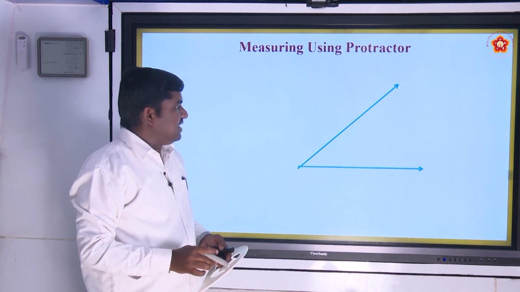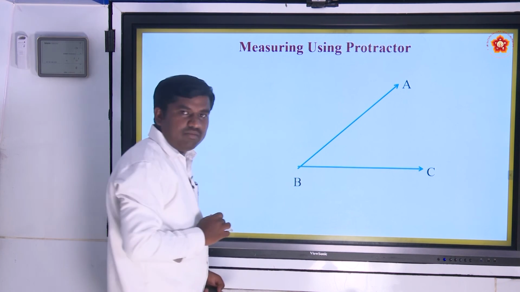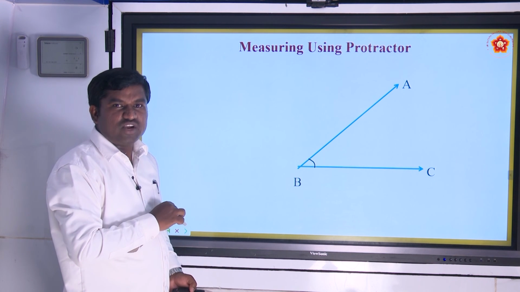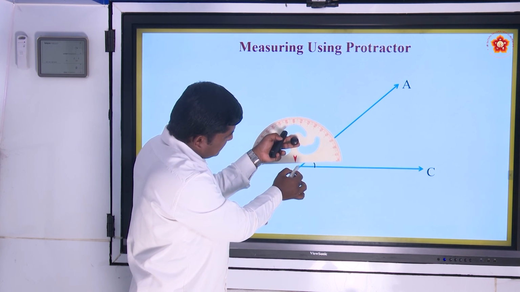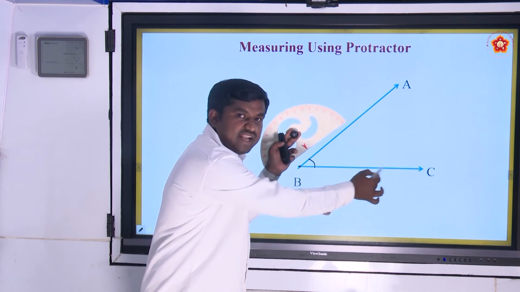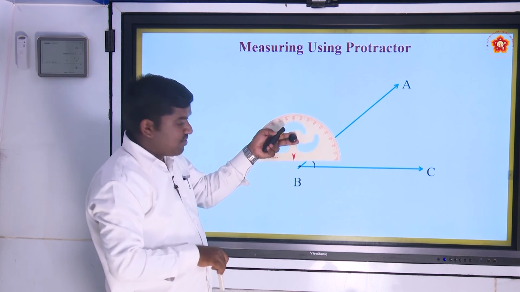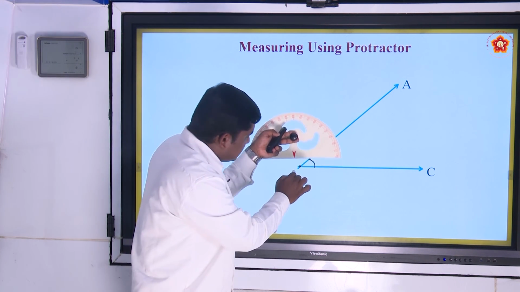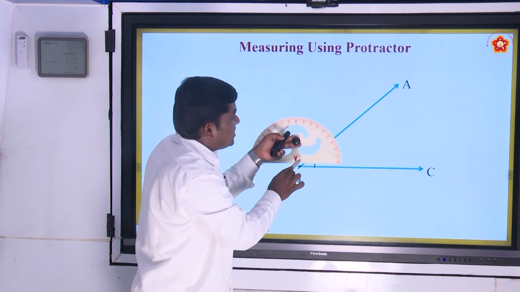See, suppose this is angle ABC. How to measure? By using a protractor. So we should keep the midpoint on the vertex B. Then this line BC should coincide with this straight line of the protractor. Like this we have to keep the protractor. Next, this line BA will give the measurement.